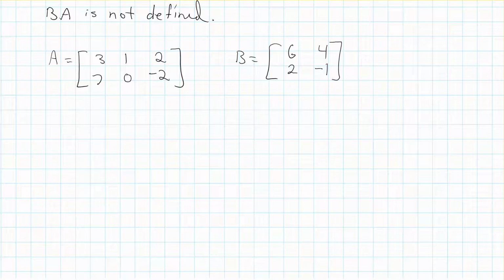Alright. Okay, so we're still going to do A times B and B times A if possible.